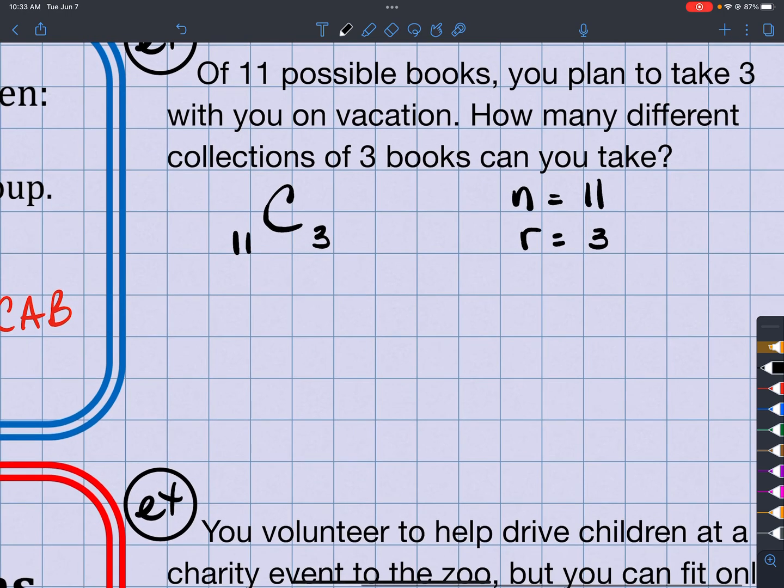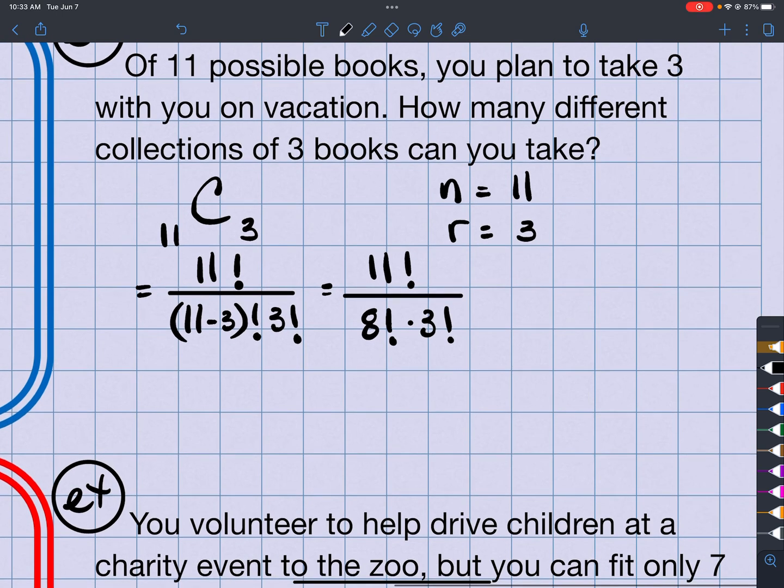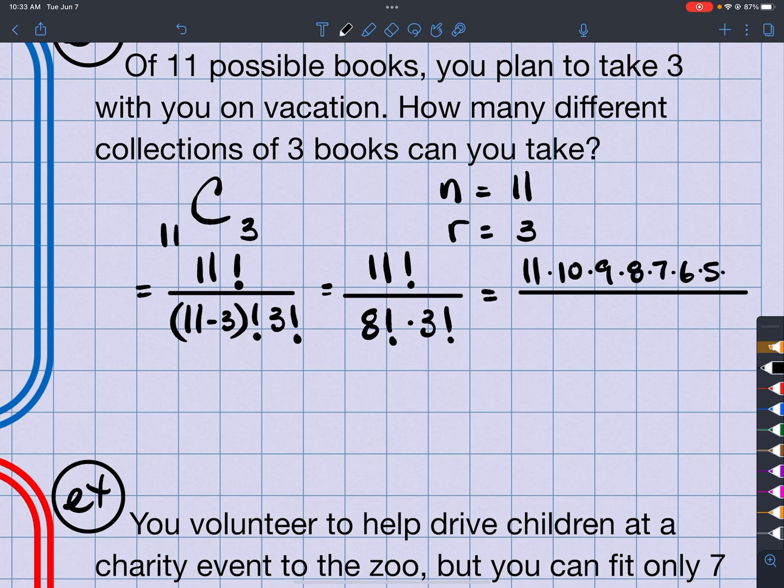All right. So that formula is equal to n factorial over 11 minus 3 factorial times 3 factorial. So I got 11 factorial over 8 factorial times 3 factorial. All right. So what is that going to equal? Let's see. 11 times 10 times 9 times 8 times 7 times 6 times 5 times 4.